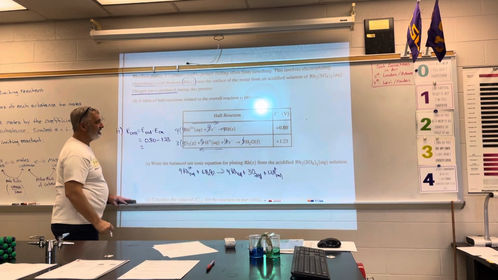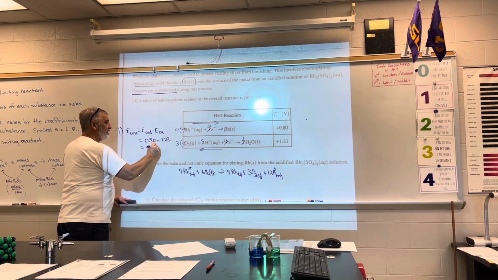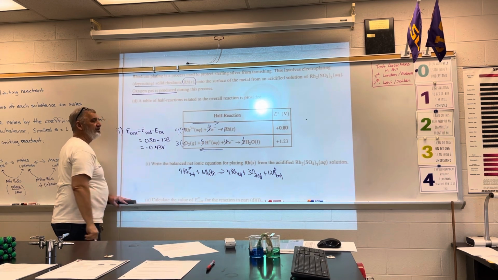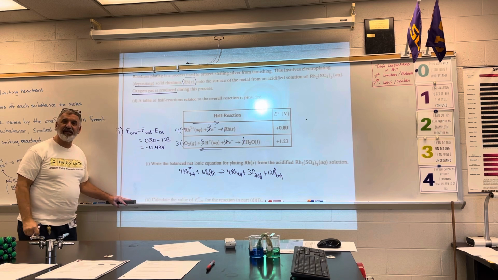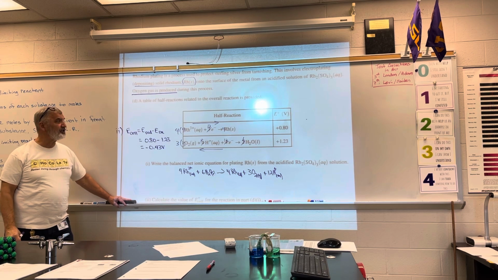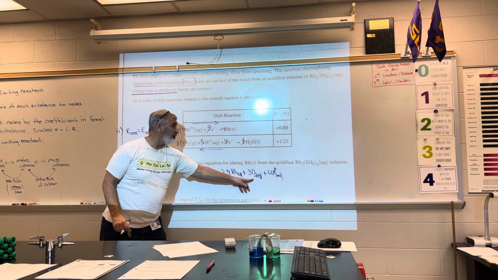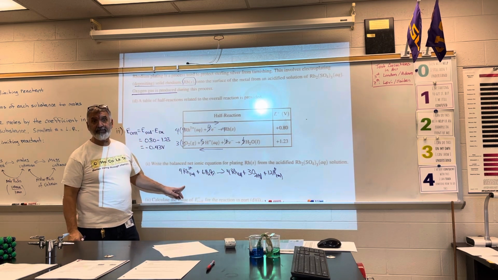So the value is going to end up being negative 0.43 volts. What does the negative sign mean? It's not spontaneous. It is not thermodynamically favorable. It's not going to occur, really. This reaction doesn't want to occur. The right to left is really what wants to happen.